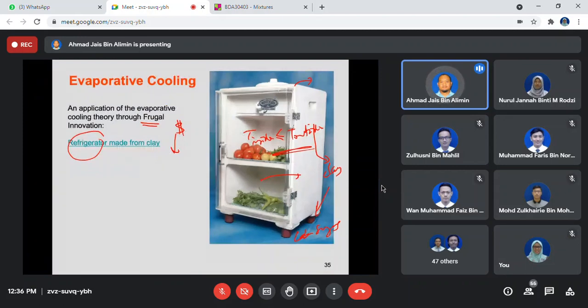So this is an example of evaporative cooling, but just to invite your curiosity: frugal is something of interest, especially in these challenging years where you want to provide solutions at a very low and economical cost.